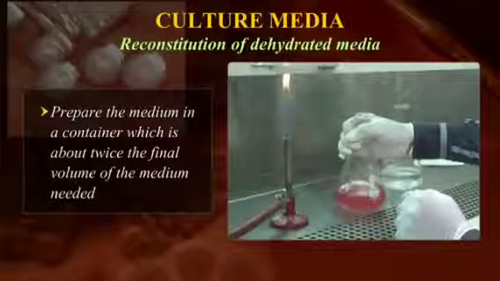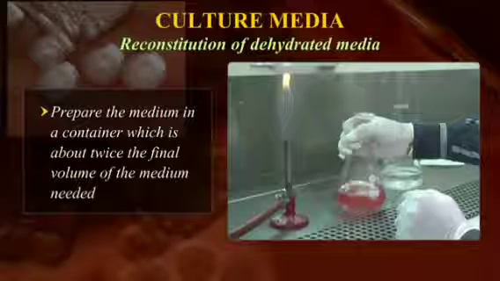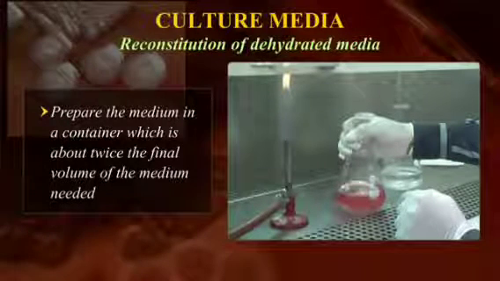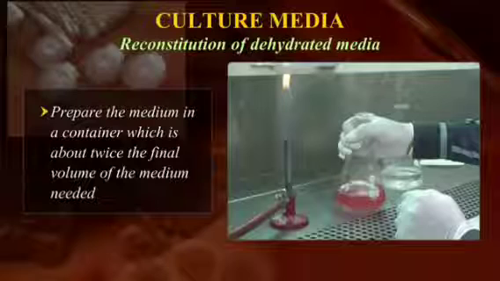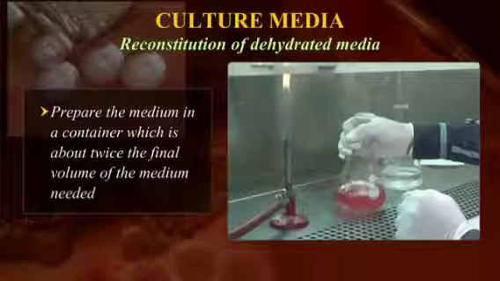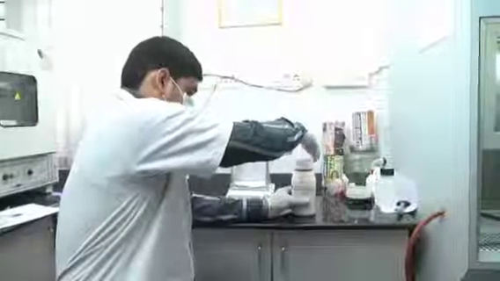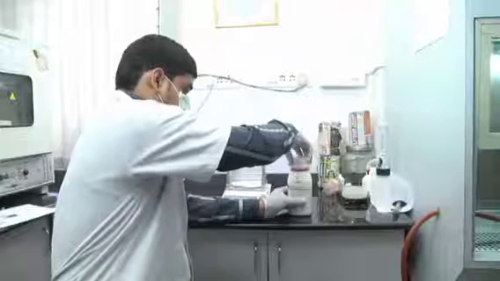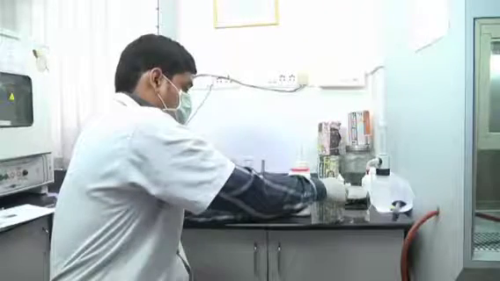Prepare the medium in a container which is about twice the final volume of the medium needed, so that the dry powdered medium can be adequately mixed. Open the culture medium container away from current of air or moisture.